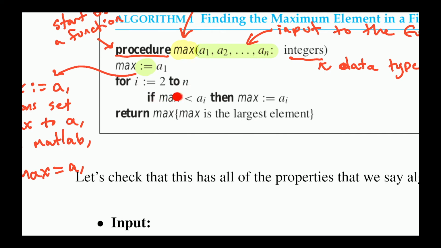Okay, so like this line right here, this is inside of the for loop. But this line right here is not inside of the for loop because it's not indented. If this was moved over to where the if is, then the return statement would be inside the for loop, but it's not.